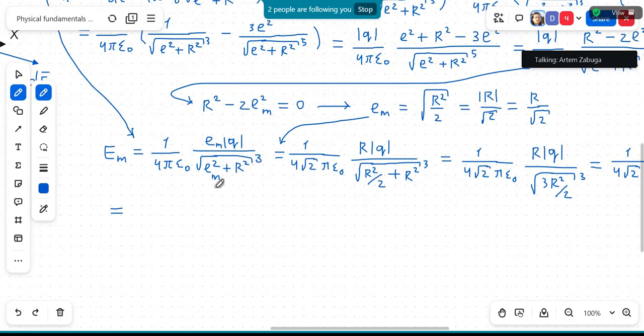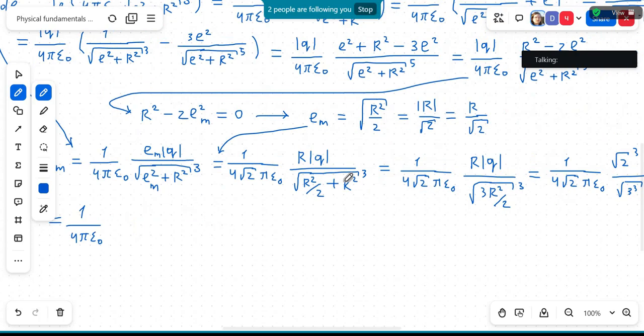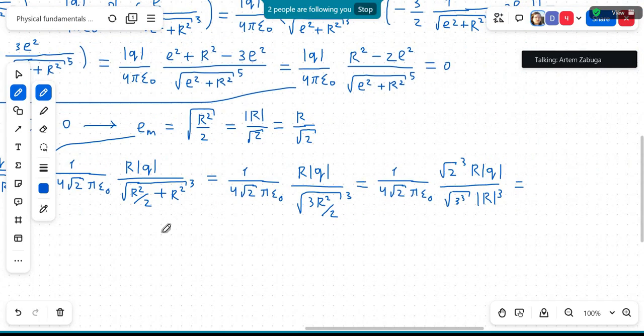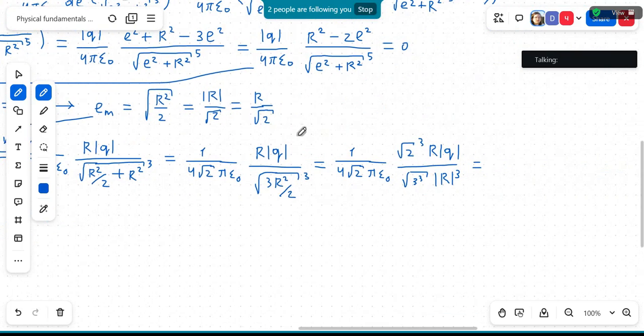So we will get 1 divided by 4 pi epsilon 0, and square root of 2 to the power of 2, r absolute value of q, and 3 to the power of 3 is equal to 27.